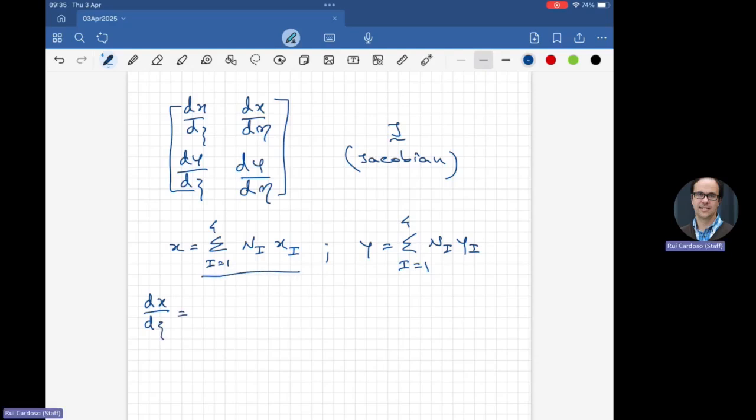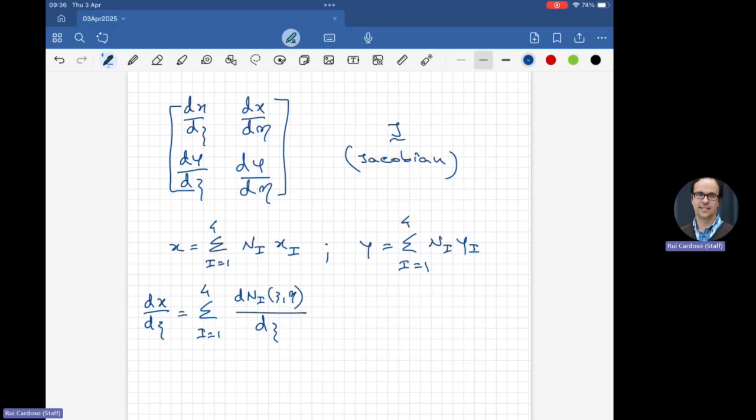So looking at this equation on the right-hand side, this is going to be equal to a summation. I have a product here, shape functions times nodal coordinates. The nodal coordinates are constants. So basically, I only need to differentiate the shape functions. The shape functions, don't forget, depend on xi and eta, right?